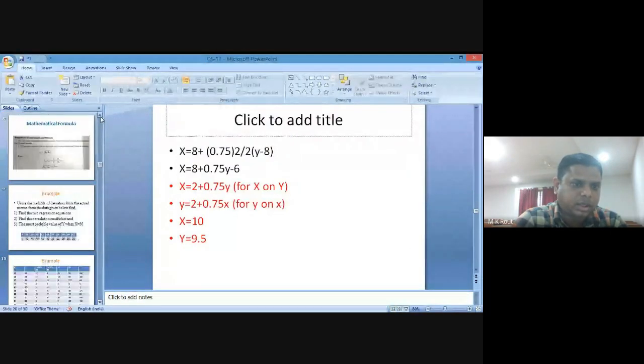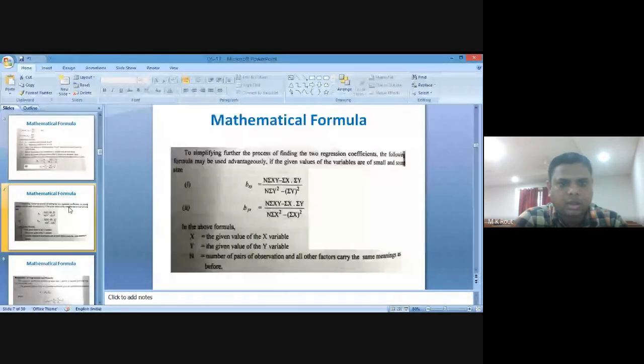Just write down another formula. Note down this formula. To simplify the further process of finding the two regression coefficients, the following formula may be used advantageously if the given values of the variable are small in size. That means bxy is equal to n into summation of xy minus summation of x into summation of y, divided by n into summation of y square minus (summation of y) whole square.